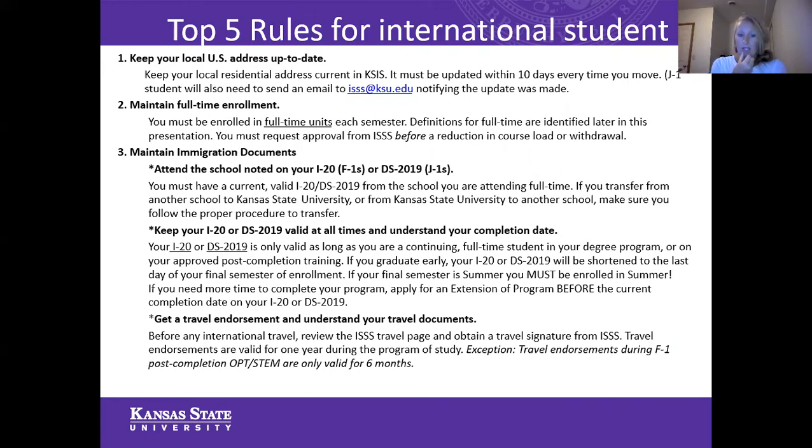The local address can be updated through your CASIS account, your student information account, and it must be updated within 10 days of any time that you may move. For F1 students, that's the only step that you need to take, updating it through CASIS. If you're a J1 student, you also must send an email to isss@ksu.edu to notify us that you made the change in CASIS.